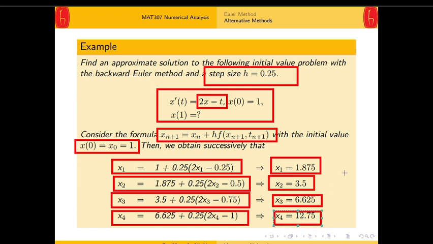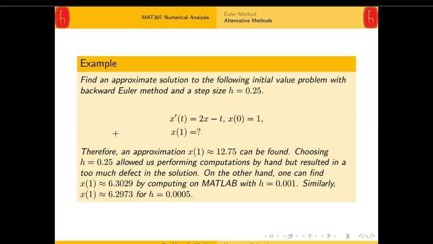Okay, so this is our numerical solution for x of 1, and x of 1 can be approximated by this quantity. Therefore, x of 1 is approximated by 12.75.